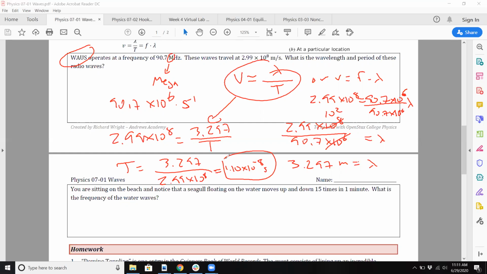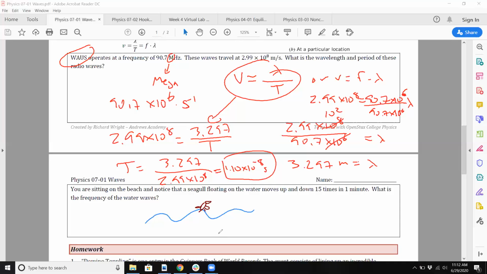Then we have just one more. You're sitting on the beach and notice a seagull floating on the water, moving up and down 15 times in 1 minute. What is the frequency of the water wave? So remember, it's your cycle, so it moves up and down. Here's the water, and there's a bird.